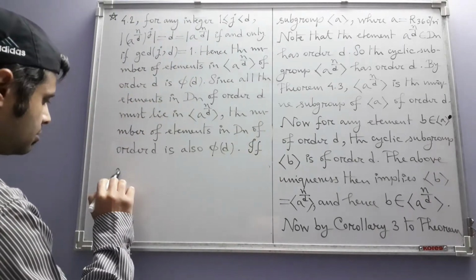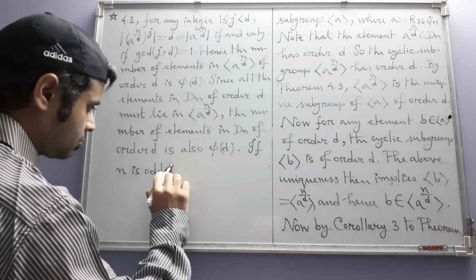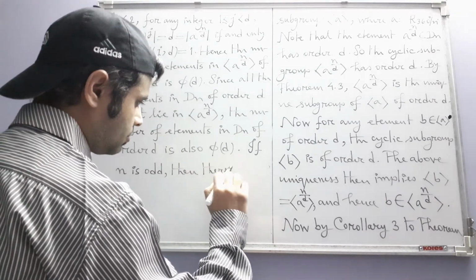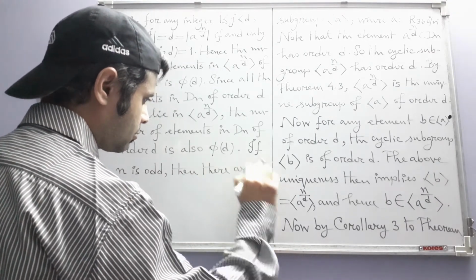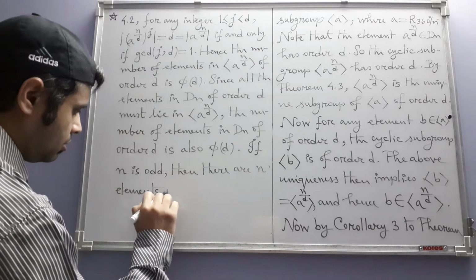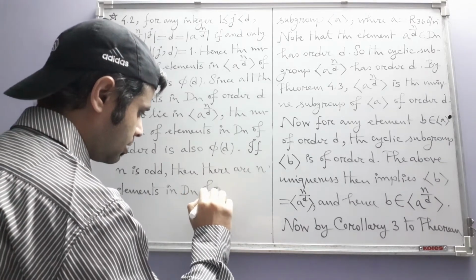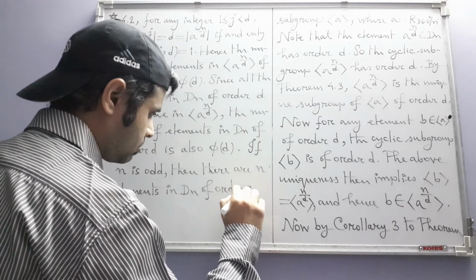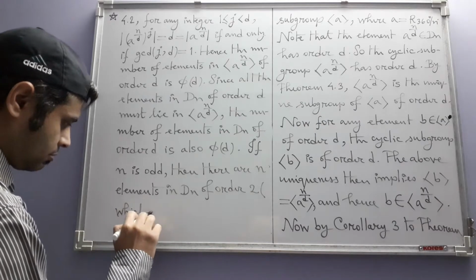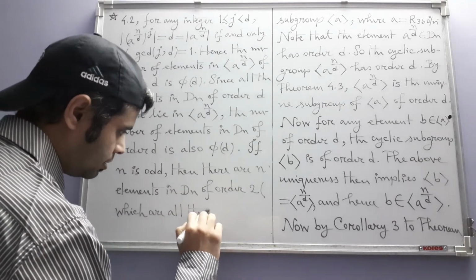If n is odd, then there are n elements in Dn of order 2, which are all the reflections.